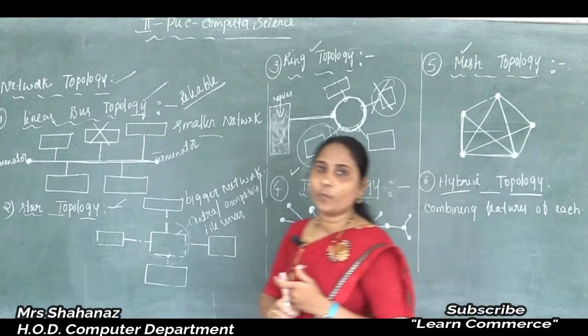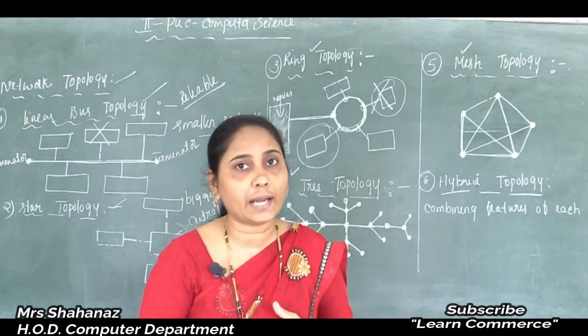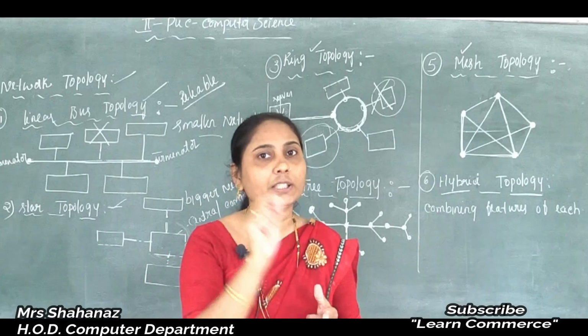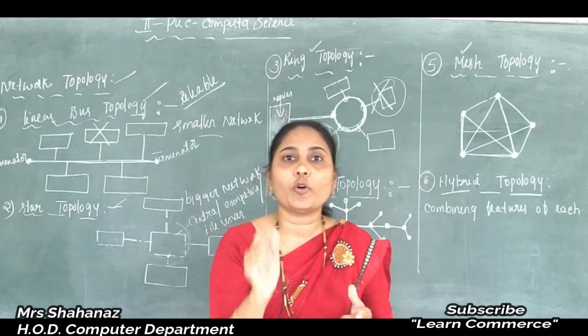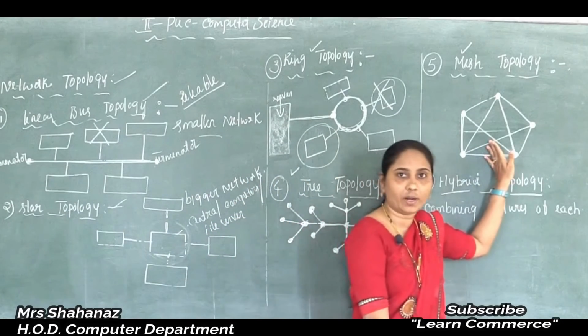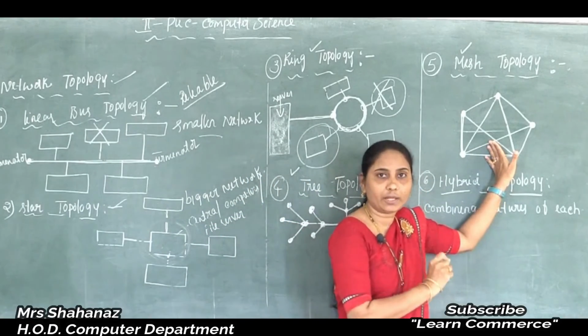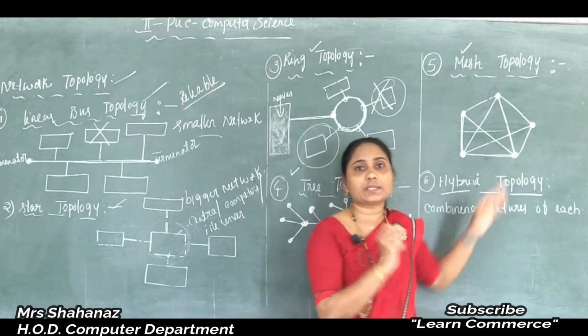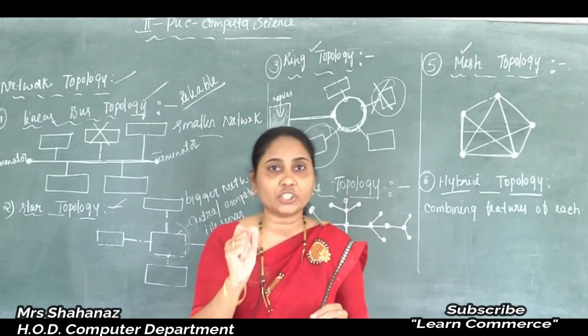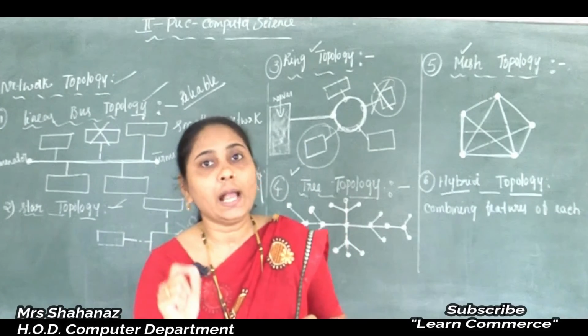The second problem of the mesh network is that each device, each computer, requires an extra interface for every device in the network. Is this point clear? Each computer requires some interfaces, meaning connections from one computer to another.